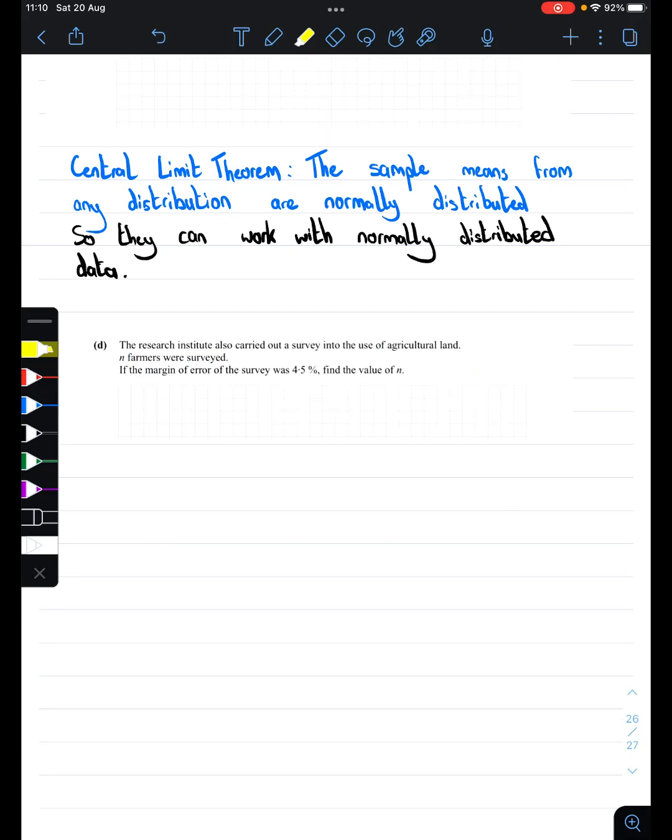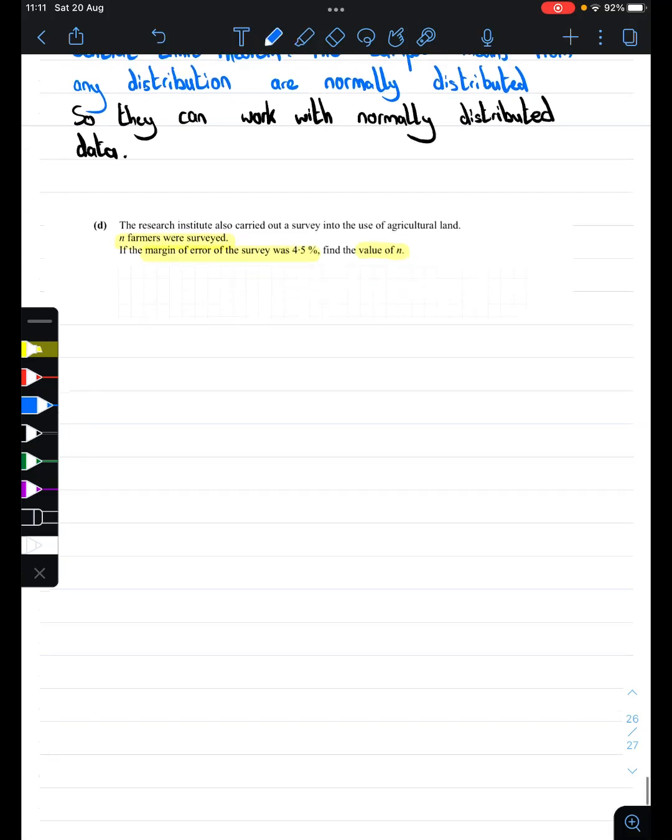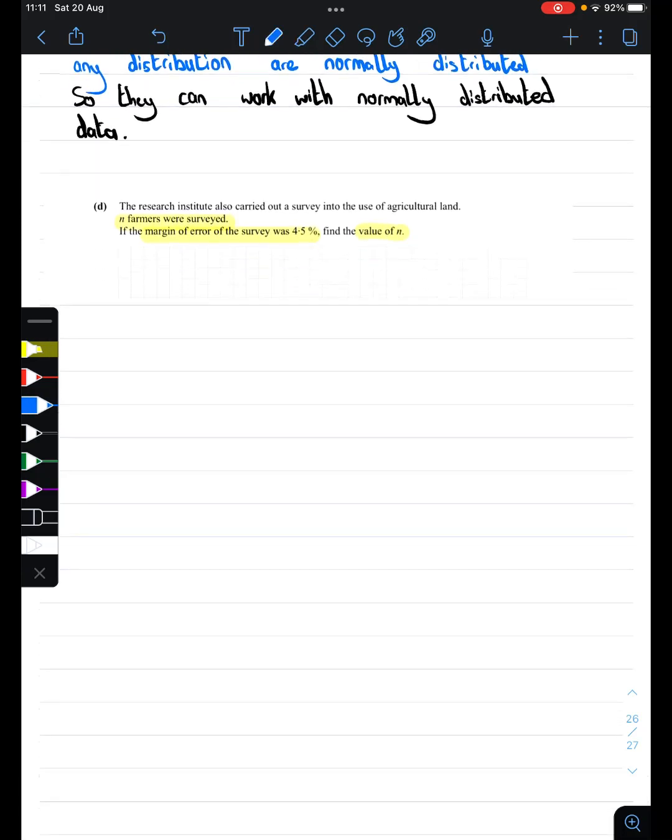The Research Institute also carried out a survey into the use of agricultural land. N farmers were surveyed. If the margin of error of the survey was 4.5%, find the value of N. Okay, so this is just one of those questions where you have to know a particular formula. So we have this formula for the margin of error of a survey, let's call it E, is equal to 1 over the square root of the size of the survey.